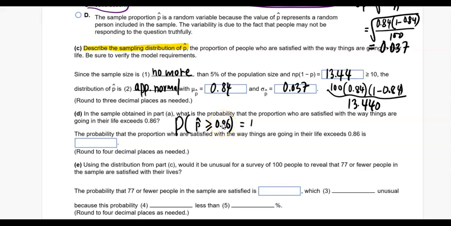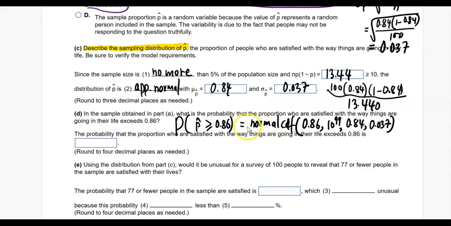Again, we use normal CDF as we did before. First use the lower bound. Since we have greater than, the first number here, 0.86, is the lower bound. The upper bound is 10^99, because we don't know how far high it goes. The mean is going to be 0.84, and the standard deviation is going to be 0.037.